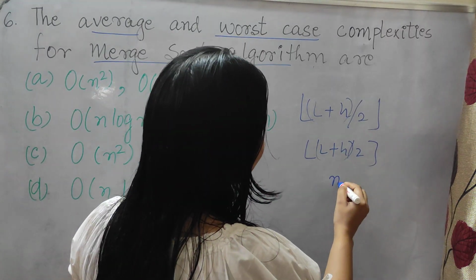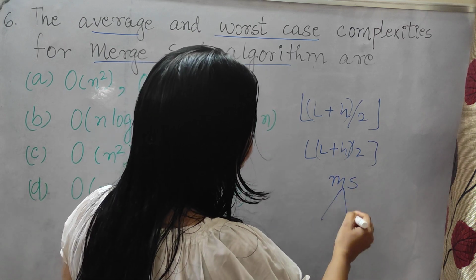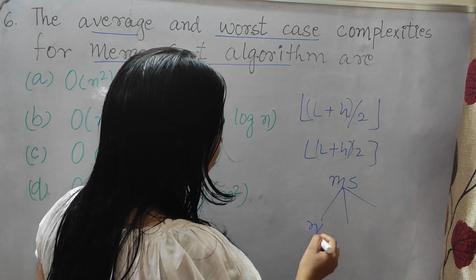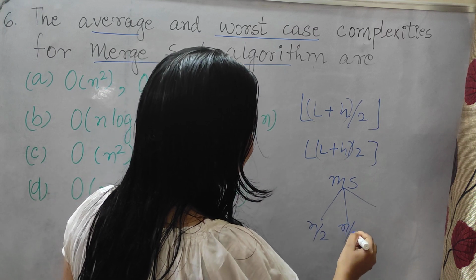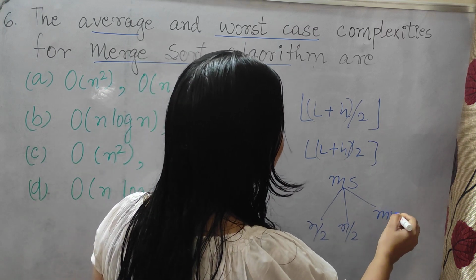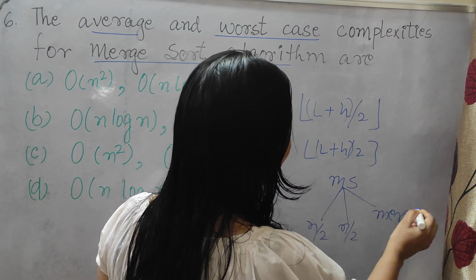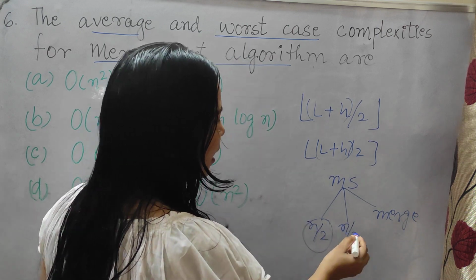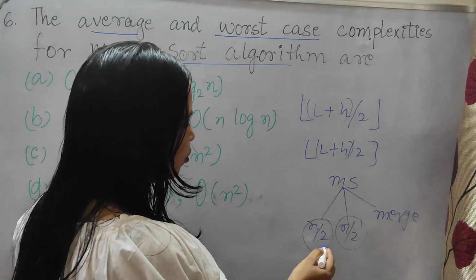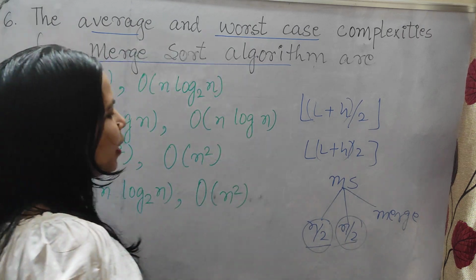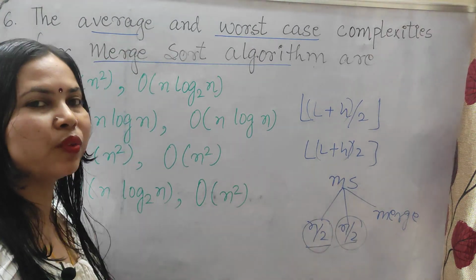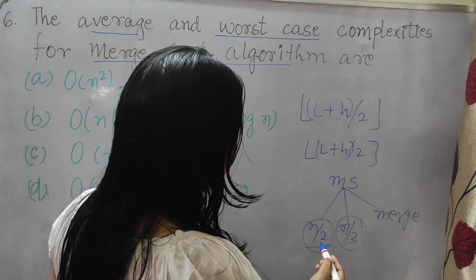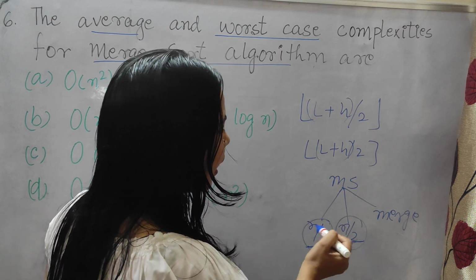Suppose this is the merge sort algorithm. First part n by 2, second part n by 2, and then afterwards we will merge it. N by 2 means what? This is the left part and this is the right part, and we will divide it. That is why, if you see the complexity of merge sort, it comes n by 2, n by 2.